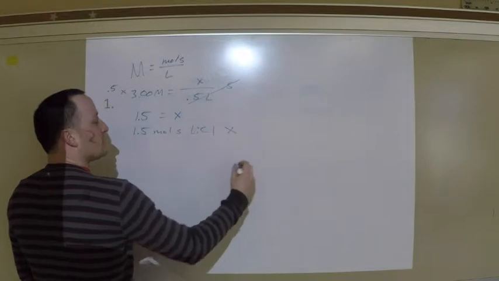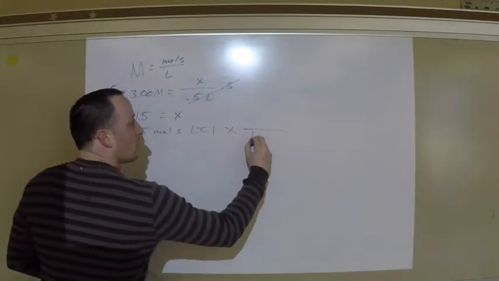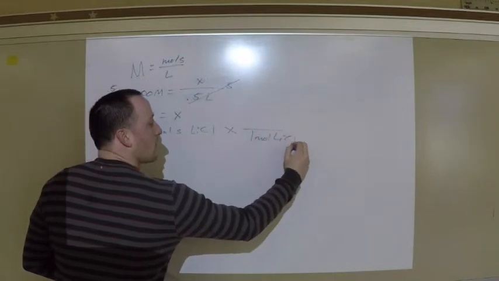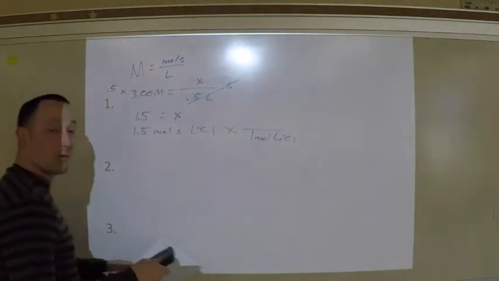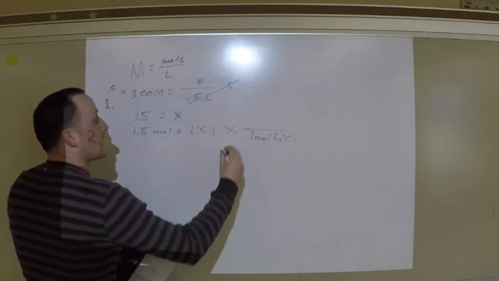So if I was setting up my dimensional analysis, I know that I have 1 mole of lithium chloride. I went ahead and added this up already. The molar mass of lithium chloride is 42.39.